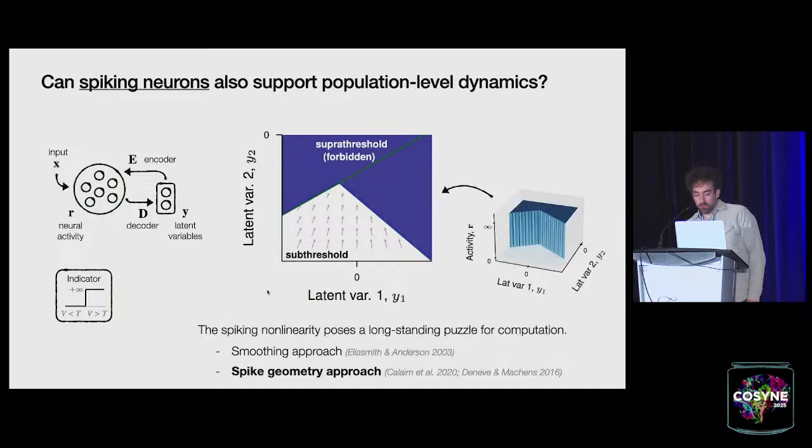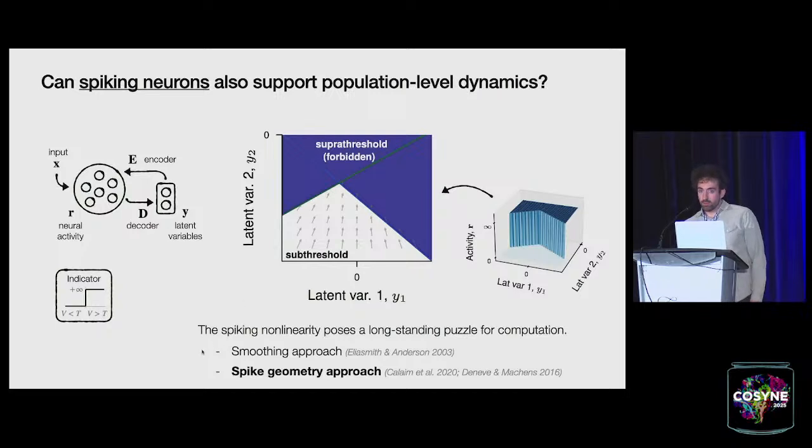So what do we get from this picture? Well, we see that this idealistic spiking nonlinearity poses a puzzle for computation, because the very area that the ReLU units were using to implement arbitrary dynamics is the area that we actually can't use in a spiking network. We are only left with this boring subthreshold area.